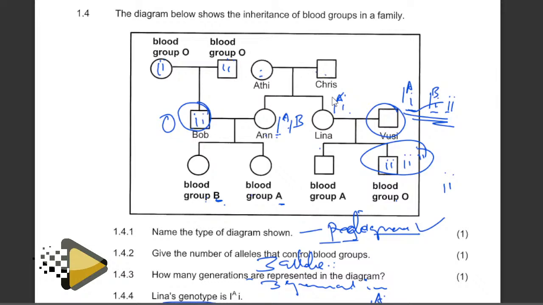But Lena has blood group A, and Anne has blood group AB. Definitely, if this is blood group A and this is blood group A, how will they produce this? Maybe one is blood group AB, whereby this combines with this to produce blood group AB.